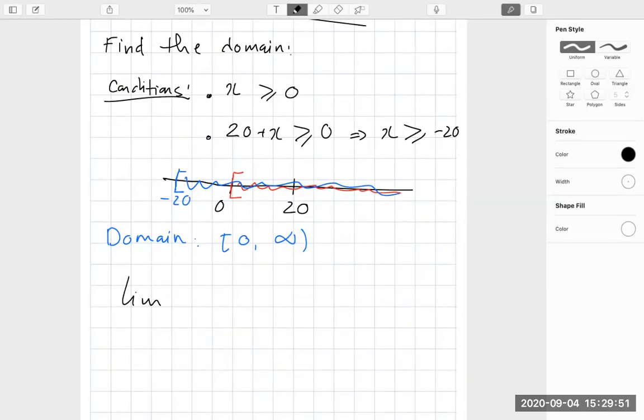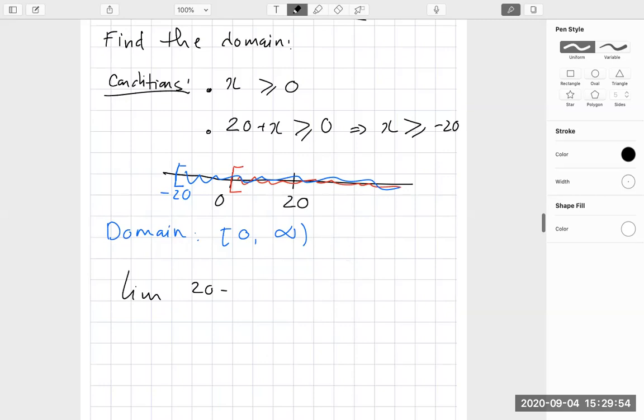The limit of 20 plus square root of x divided by 20 plus x when x approaches 16 will be, let us write it clearly. The limit of a quotient will be the quotient of limits.